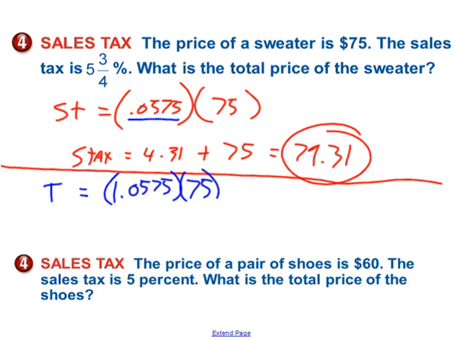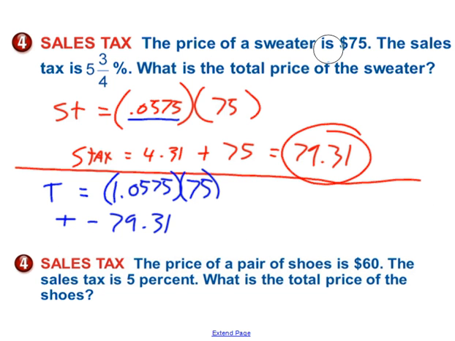So I'm going to do that math on my calculator. And I get $79.31. The total price is $79.31. These two are equivalent. It's whichever one you prefer. You could use whichever makes it easier for you.